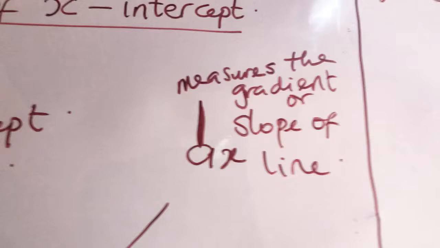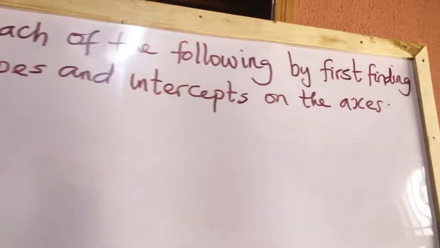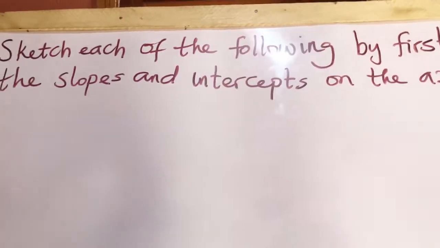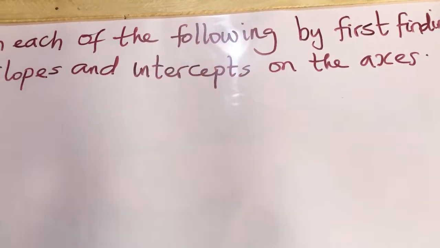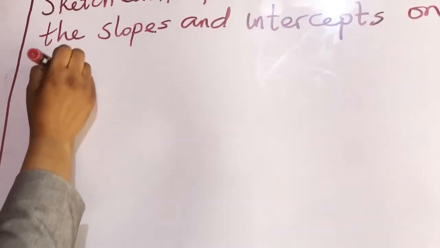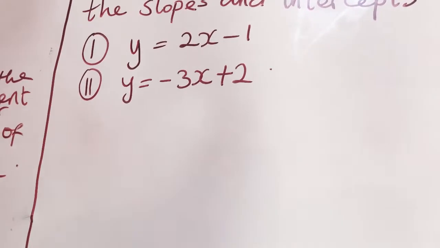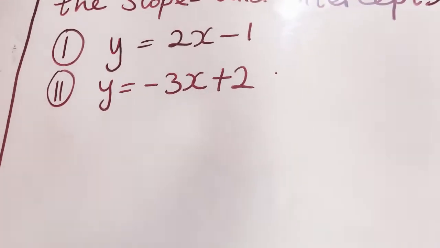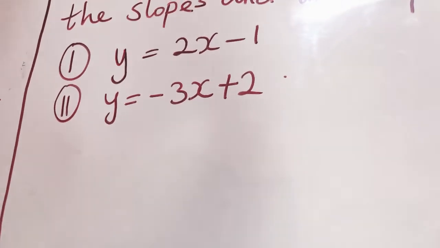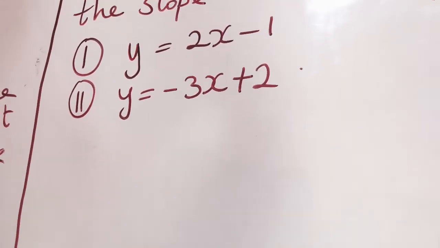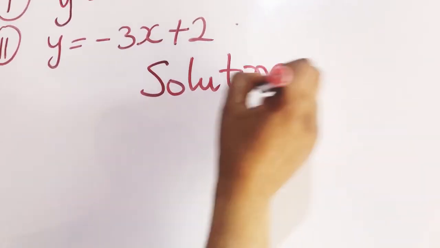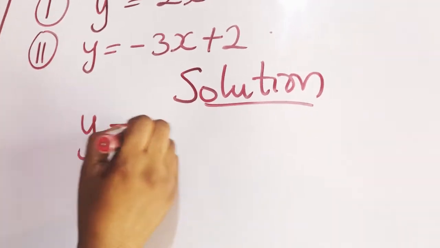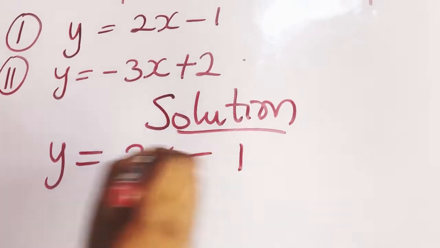So for example, sketch each of the following by first finding the slope and intercepts of the axes. 1, y is equal to 2x minus 1. 2, y is equal to minus 3x plus 2. Solution. y is equal to 2x minus 1.